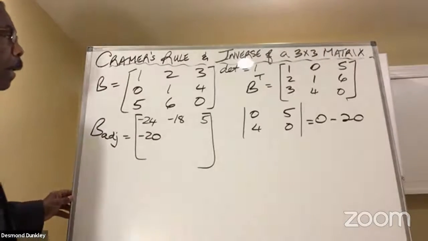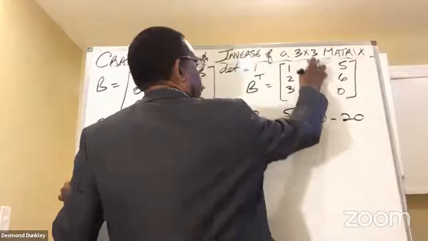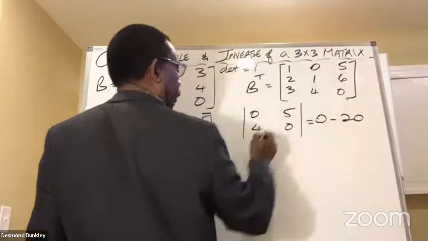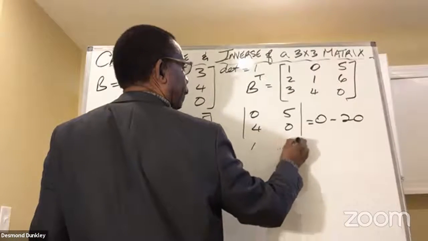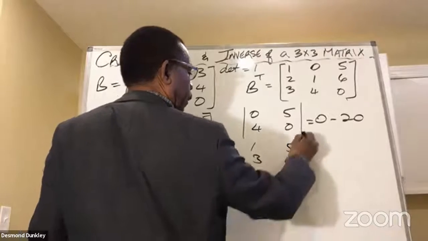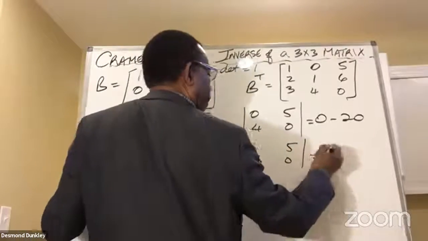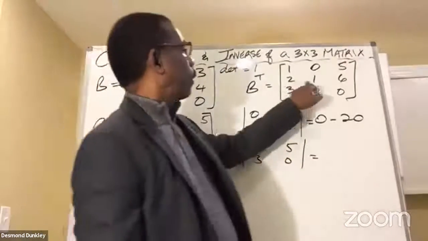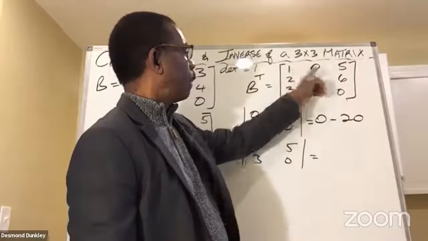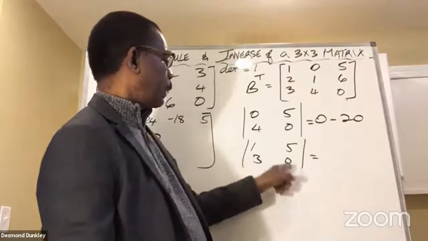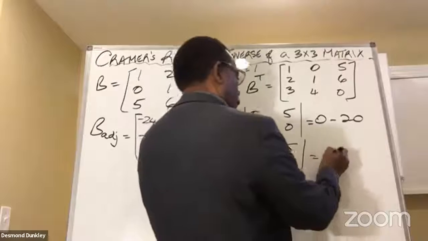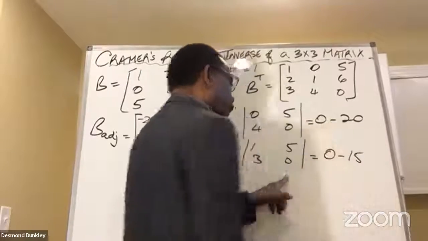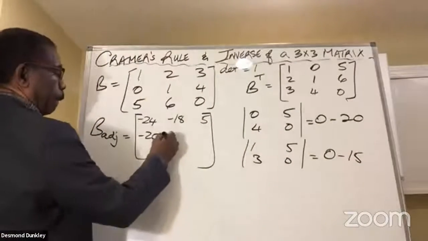Go to the next entry, cross this out, cross that out, we're left with 1, 5, 3, 0. Let's double check. Cross this out, cross that out. 1, 5, 3, 0. 1 times 0 is 0. Minus 15 is negative 15.